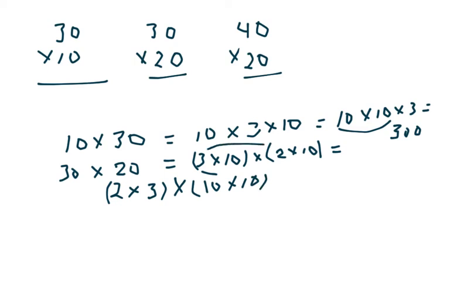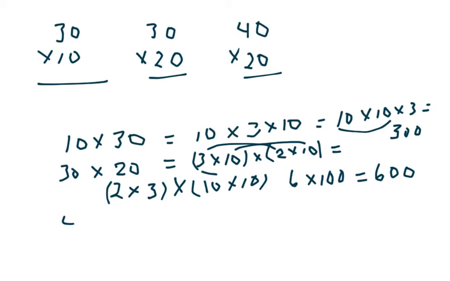The 2 times 3, 10 times 10. So we get 6 times 100, 600. Hope that makes sense. And we could model that if we went back and we took 20 and 30 and we had 6 of those 100 grids. That's what we would end up with, 600 grids.